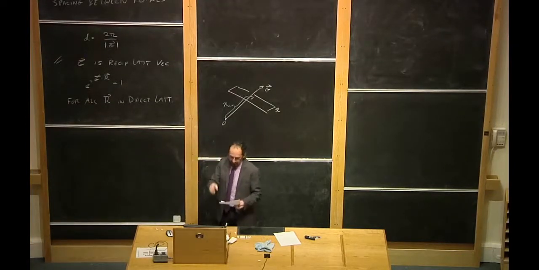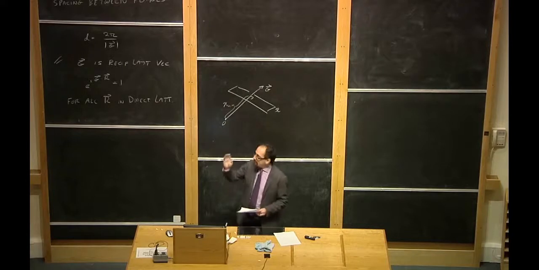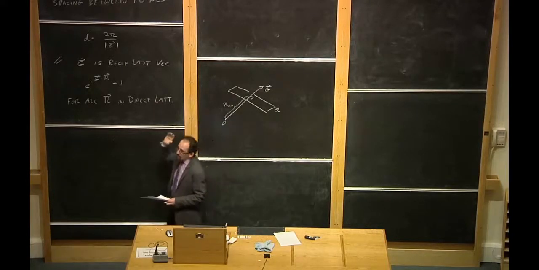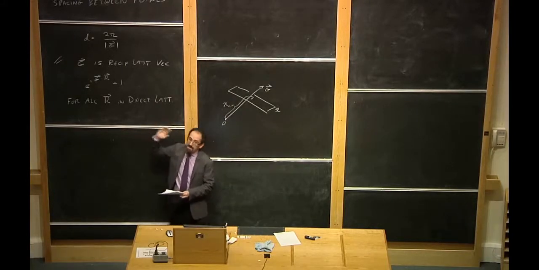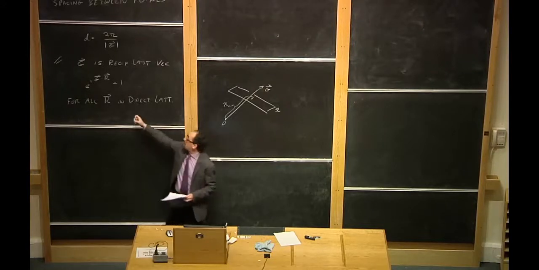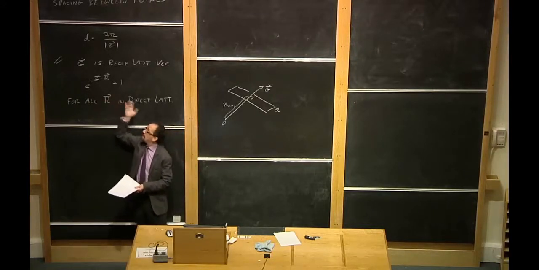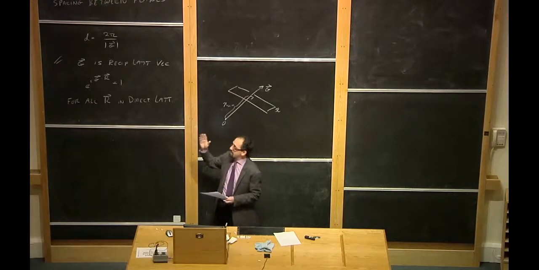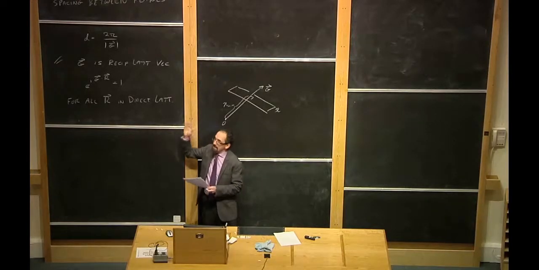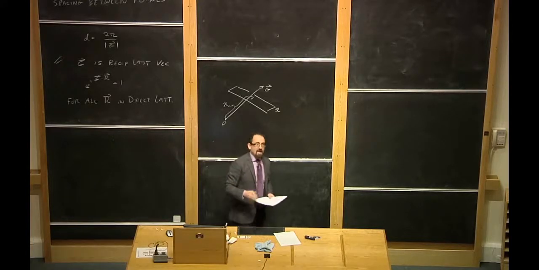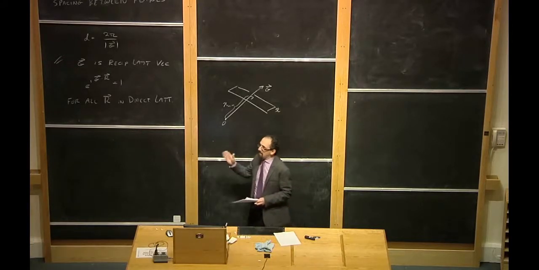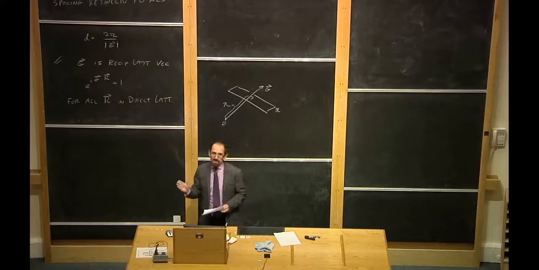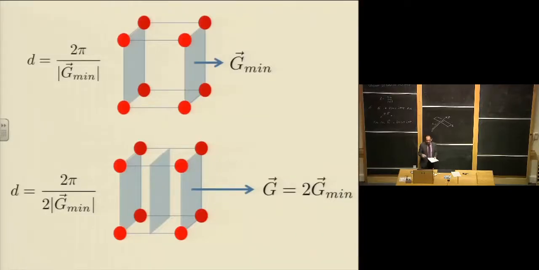So what that tells us is that every lattice point is going to be included inside this set of planes, because any r will have to satisfy e^(i g·r) = 1 if g is a reciprocal lattice vector. So all of our lattice points in the direct lattice are going to be included in this set of planes that we just defined. However, it does not mean that every plane cuts through lattice points. Why not?